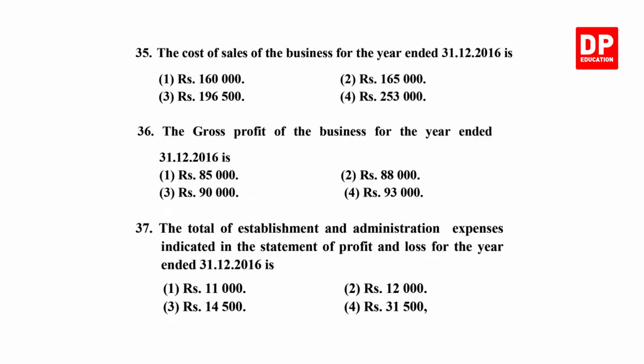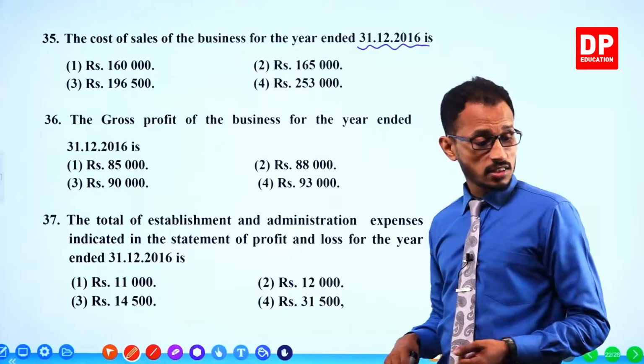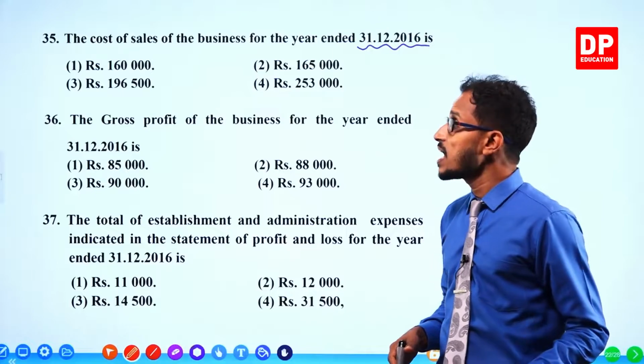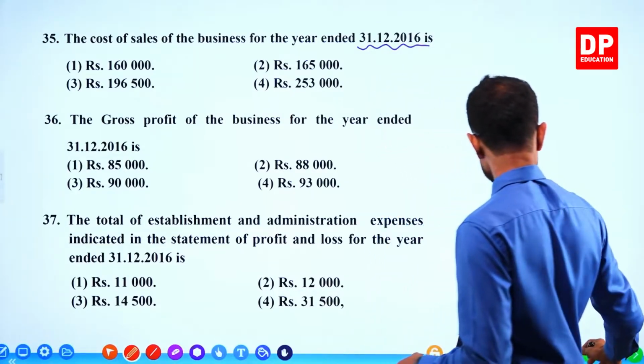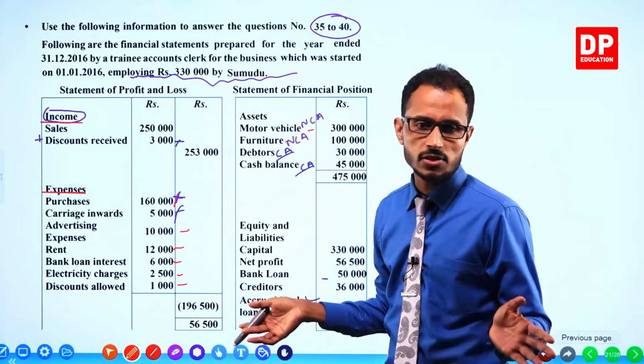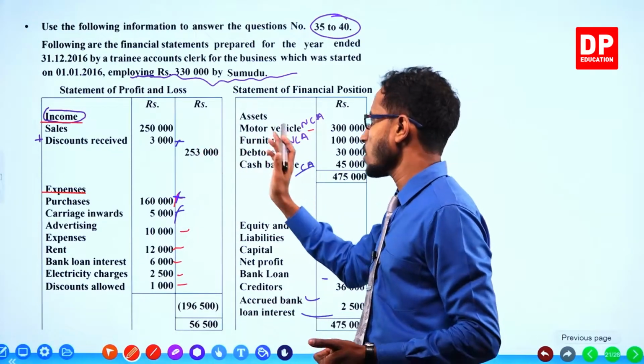Question 35. The cost of sales of the business for the year ended 31st December 2016. It is asking for the cost of sales. But the problem is, this clerk has not calculated the cost of sales. As I told you, there is no trading account section.